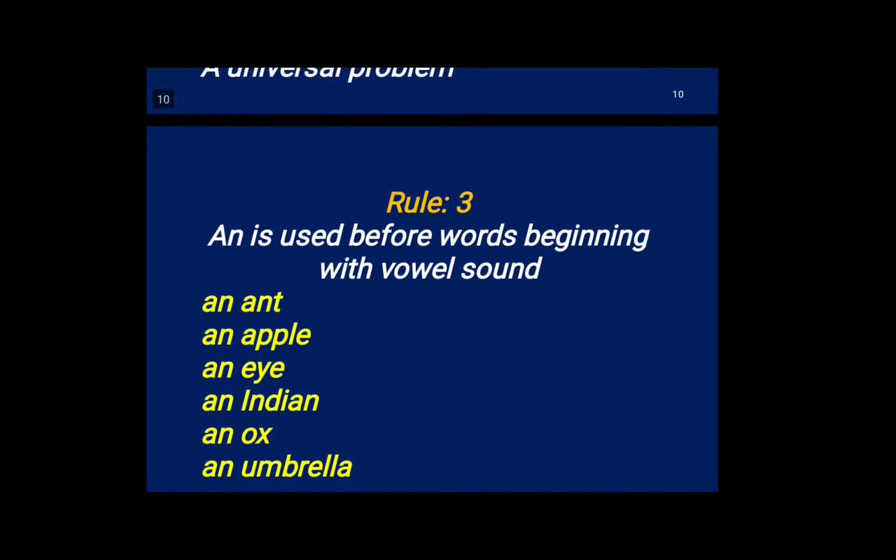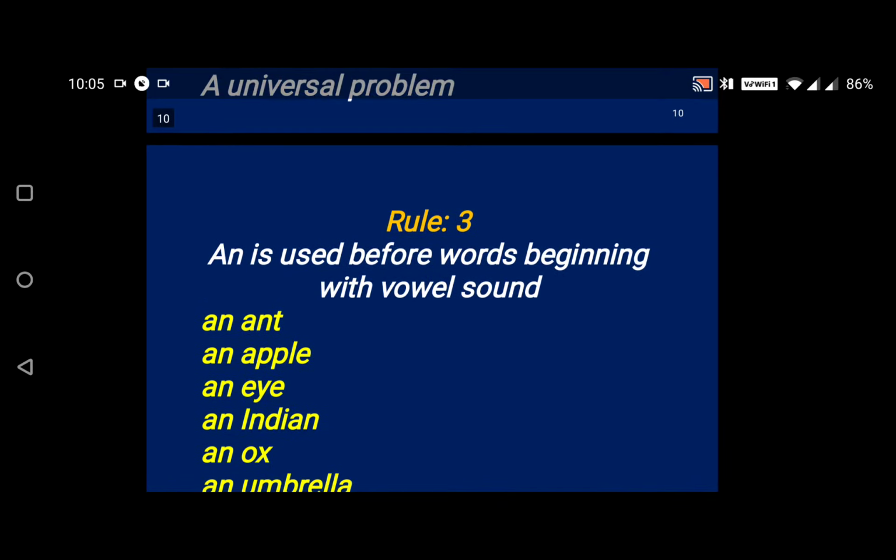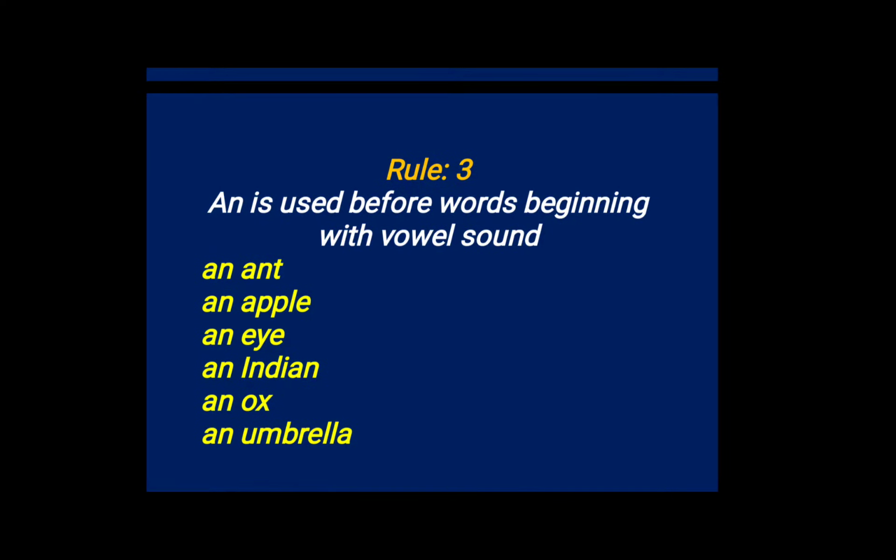Now coming to rule 3. An is used before words beginning with a vowel sound. If it is a consonant sound, we use a, and if it is a vowel sound, we use an.